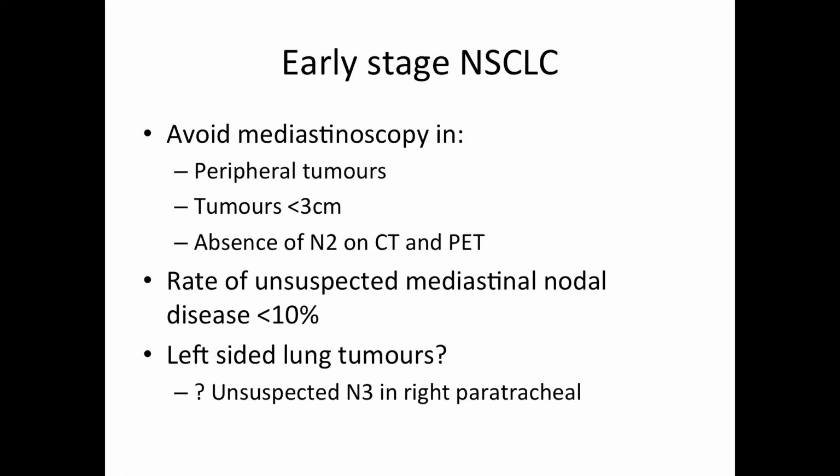So some would advocate that we should be still doing mediastinoscopies on a more aggressive policy. That is something that is probably there for discussion, but it's just to keep in mind that usually in these situations that we've described, the peripheral small tumors that have no evidence of N2, we probably will not be doing it, and that would be the usual answer, but there may be exceptions to that.